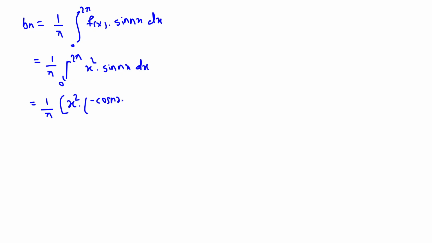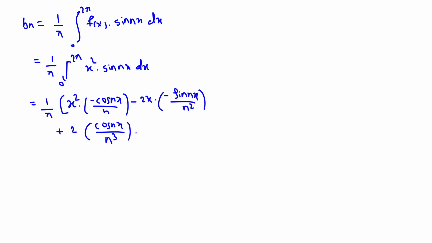So minus cos nx upon n, minus derivative of x square is 2x into, again minus cos integration will be minus sine nx upon n square, and plus again derivative of 2x will be 2, and integration of sine is minus cos, so minus sine integration will be plus cos. So cos nx divided by n cube. Okay, bracket complete, you have to use limits 0 to 2 pi.